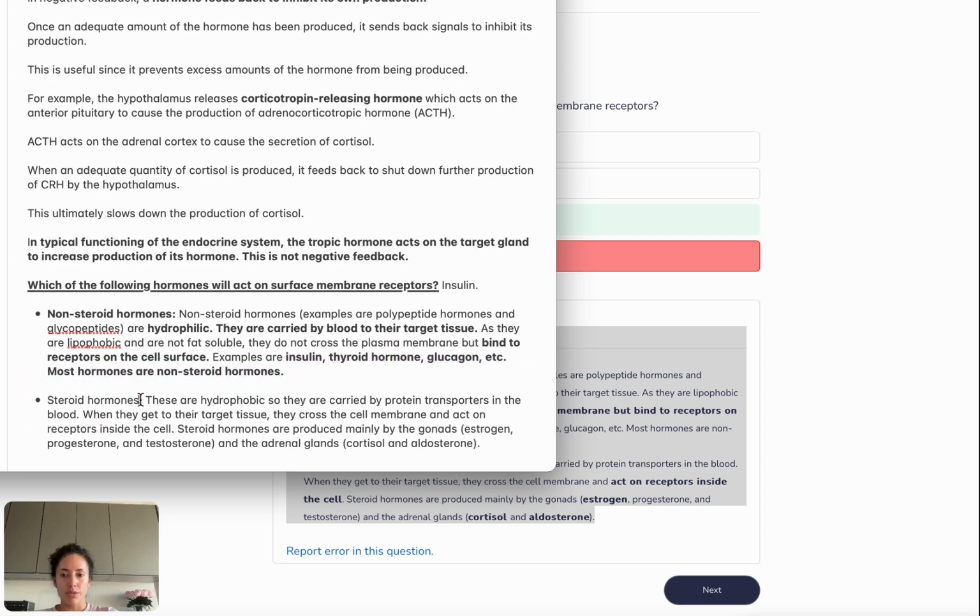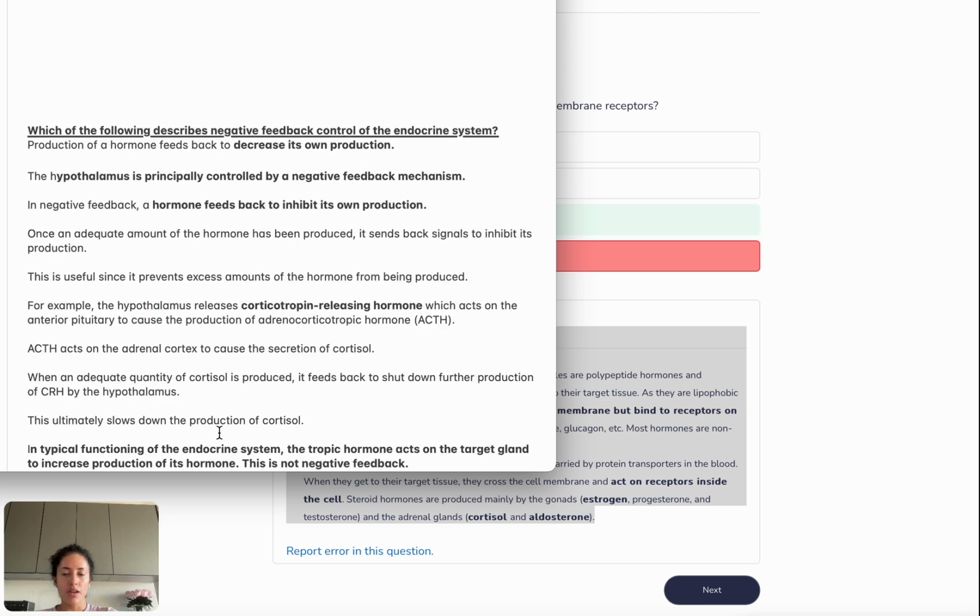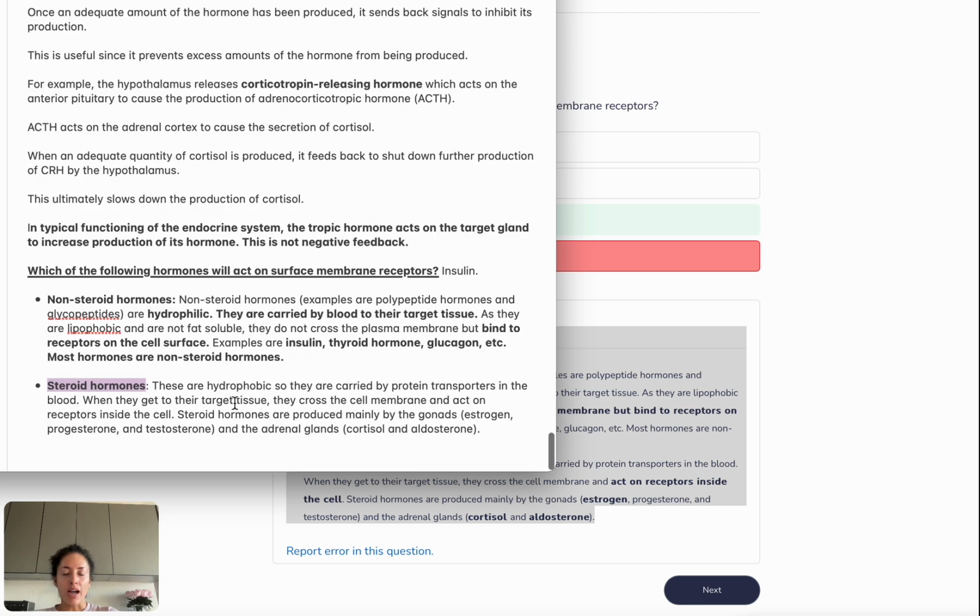Steroid hormones. These are hydrophobic, so they are carried by protein transporters in the blood.